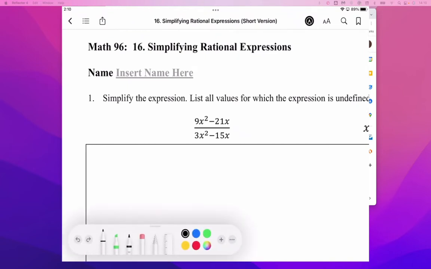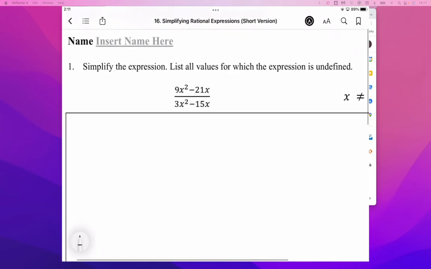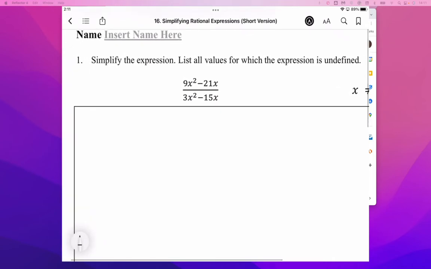Number 1 is actually quite a bit easier than what the rest of them will be like. We're basically supposed to simplify this, which if we were simplifying a fraction, let's take an example of something like 8 over 26. We would say, oh, look, those are both even. They can be divided by 2.